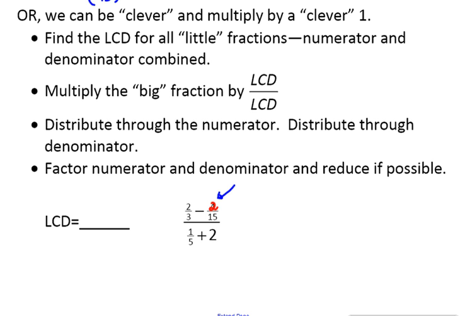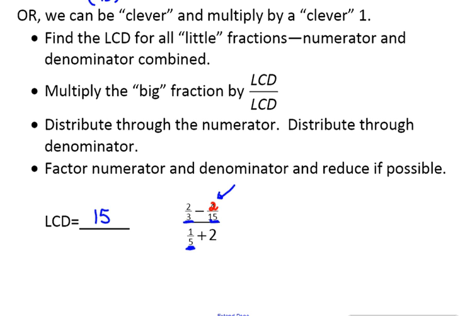All right, so I'm going to look at all 3 of my fractions in my complex fraction. I have a denominator of 3, a denominator of 15, and a denominator of 5. So for those 3 denominators, a common denominator would be 15.